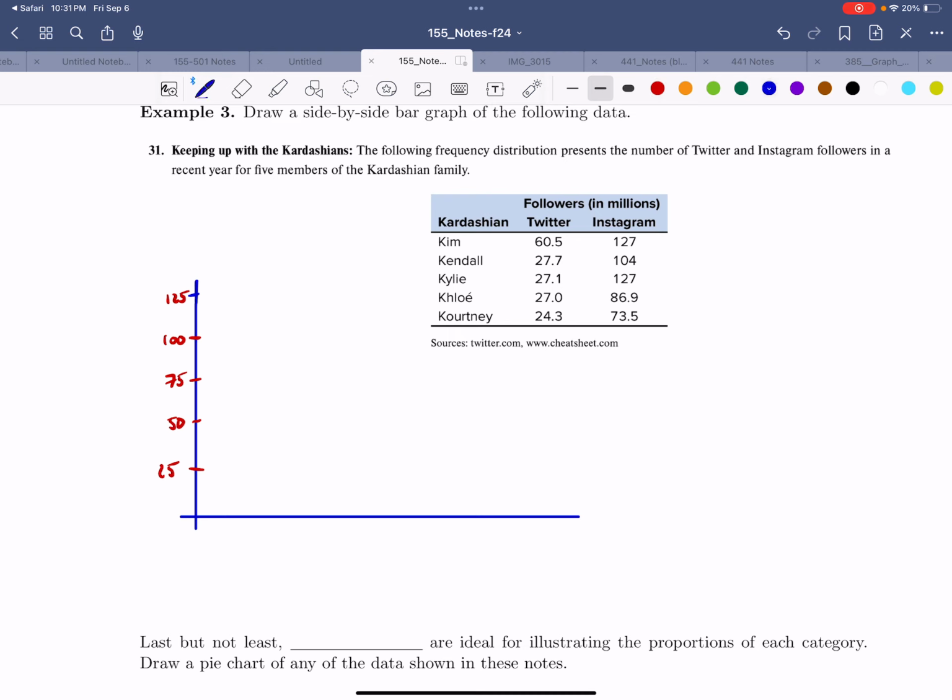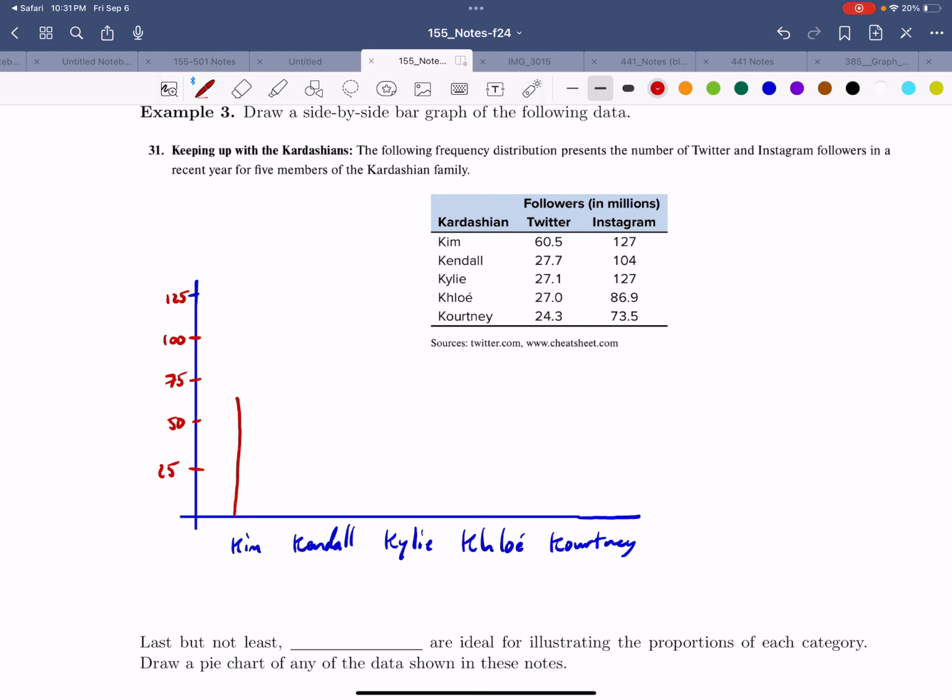And then here we'll have, just writing out the categories, which of course is people. Kim, Kendall, Kylie, Chloe, and Courtney. Right. All right, so we've got this, and then, for example, if I did their Twitter followers, Kim has 60.5 million Twitter followers.